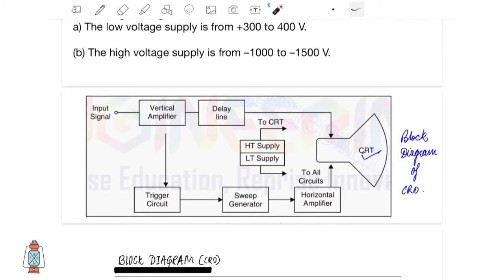So understand it very carefully that movement of electron beam is managed by inputs at horizontal plates of the CRO and vertical plates of the CRO. So in both the cases we need amplification.